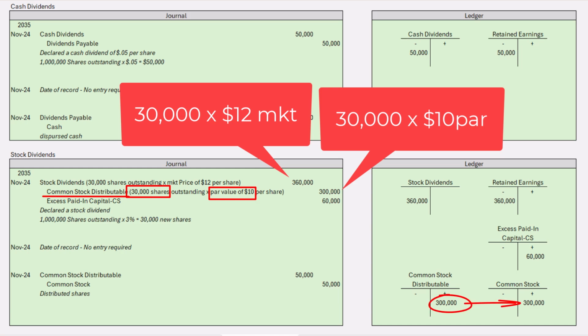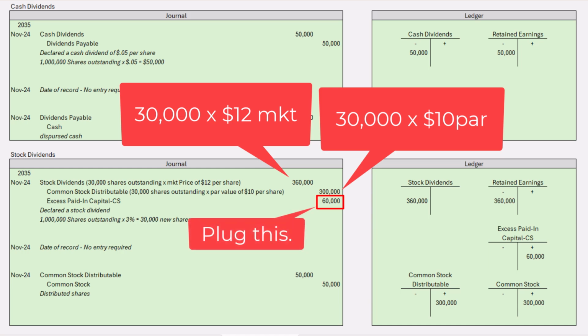It's an equity account with a credit balance. It represents stock that we're going to give, but we haven't given out yet. And we always credit the common stock for the par value. And the difference between the market value and the par value is plugged to this excess paid in capital, common stock account.